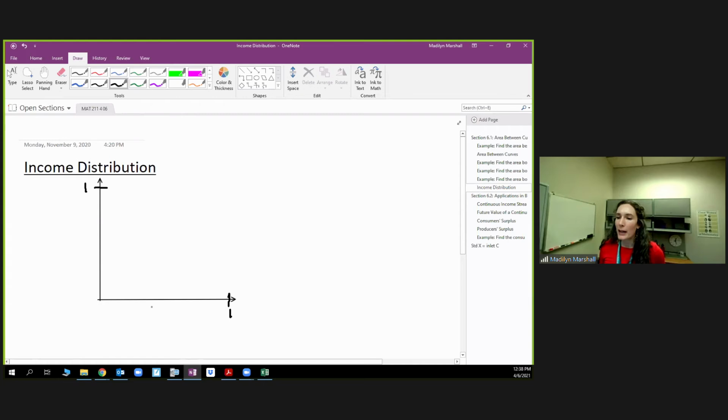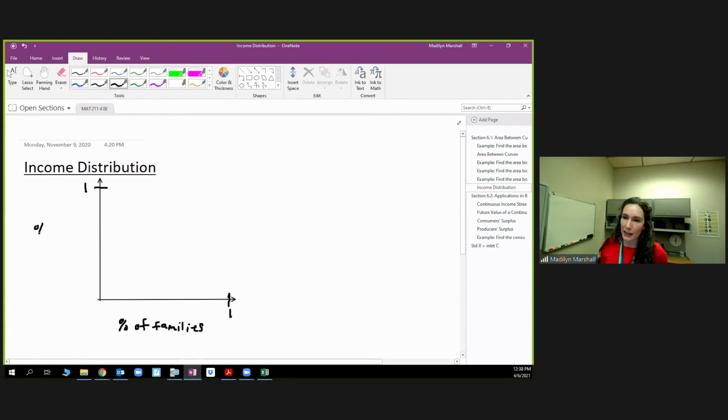So this bottom axis represents the percent of families in a country, and that could be percent of households. It doesn't really matter what the definition of family is. This is just the percent of people in some way.